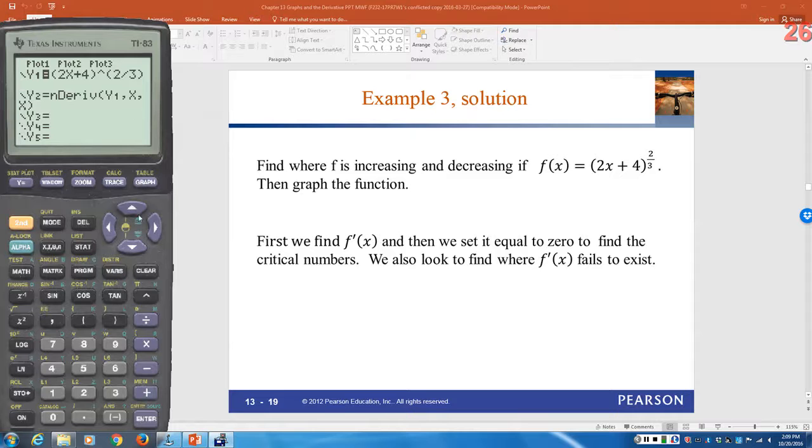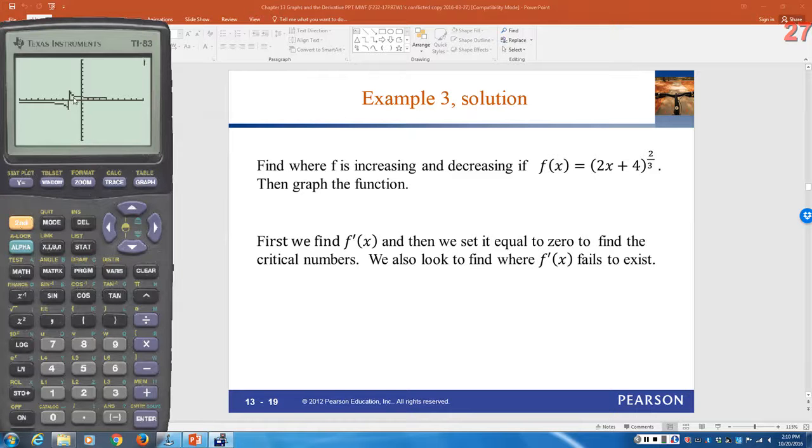And then I'm going to graph not the function itself, but the derivative of the function. And I probably need to fix my window because that looks pretty terrible. So here's my derivative, not the function itself, but the derivative.